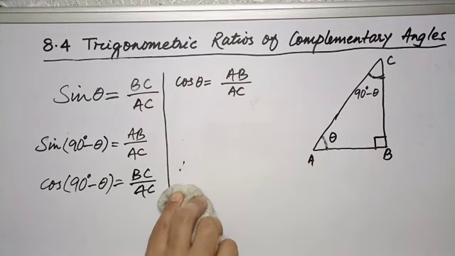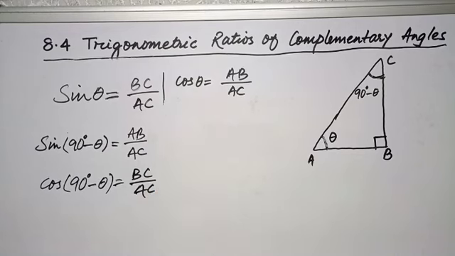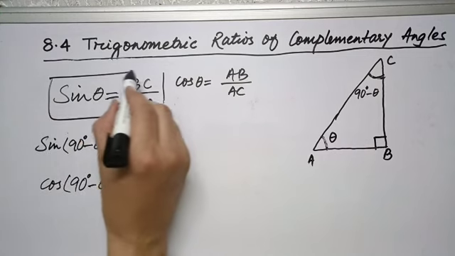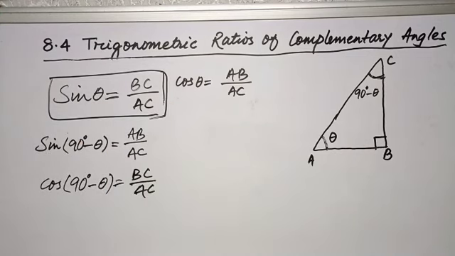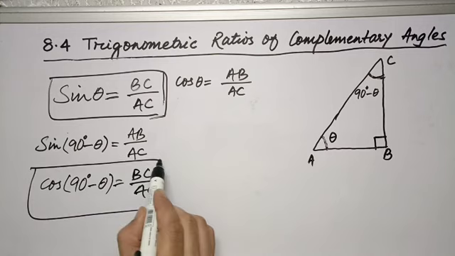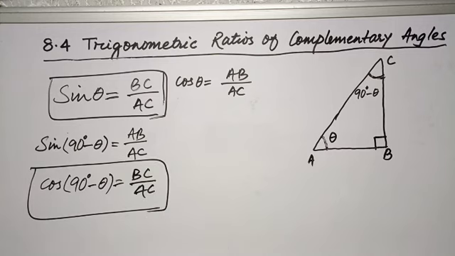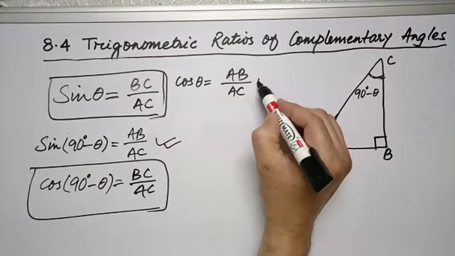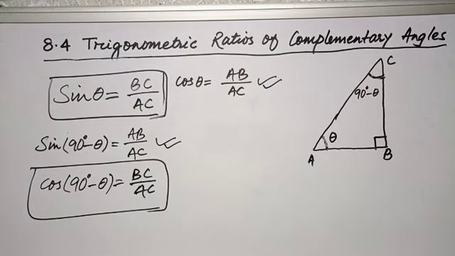Now let me erase this one. If you look into it carefully, you can see sine theta is equal to BC by AC, and cos 90 minus theta is also BC by AC. Similarly, if you check these two, the right hand side is the same.